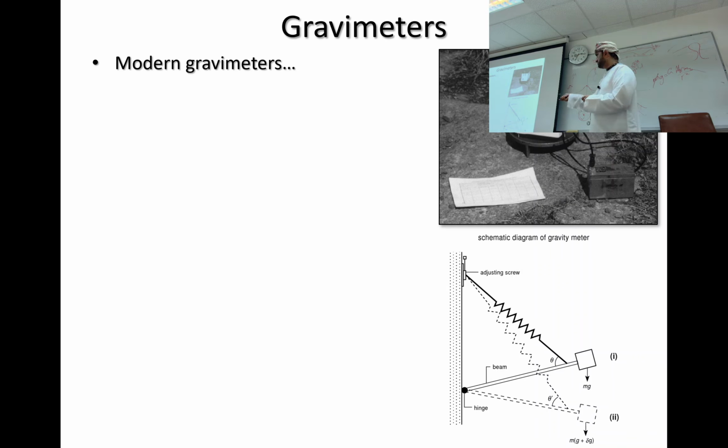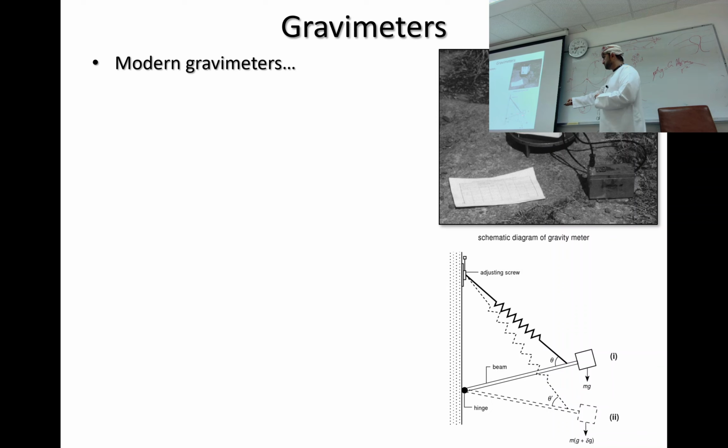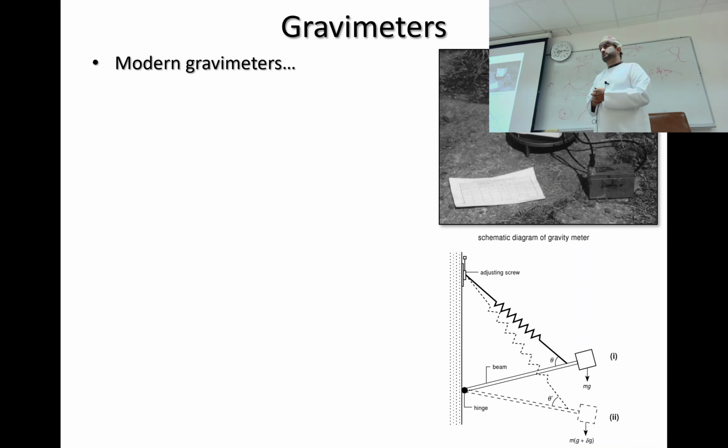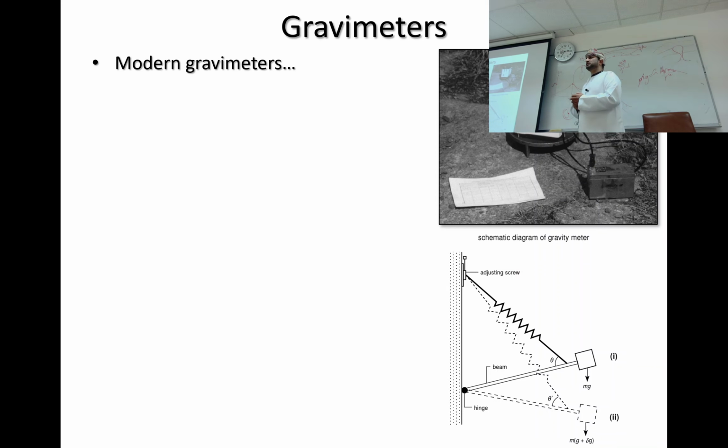That's the apparatus, an arm attached to a wall or something, and there is a spring. So it goes down or up based on an increase in density of the subsurface. And I'm measuring what kind of G in this case? Relative. I'm measuring the relative change.